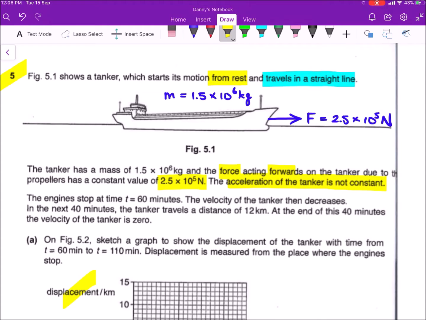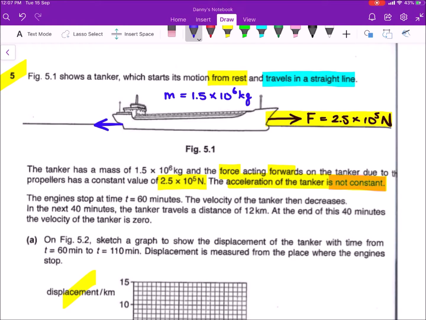So now once you have this hint, you will know that there must be some other forces acting on it, because if the forward force is a constant value, then you would expect the acceleration to be constant. But now, because the acceleration is not constant, it means that very likely there is another force. So when you have a ship moving through liquid or in air, I think most likely there will be a certain drag force over here.